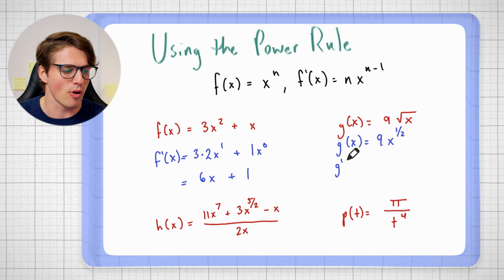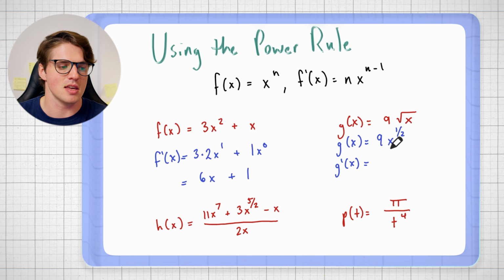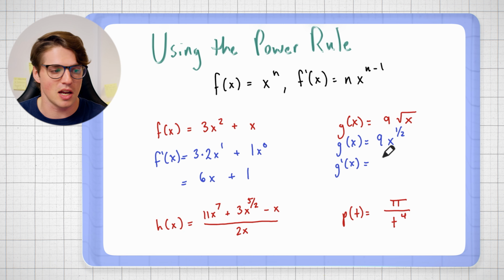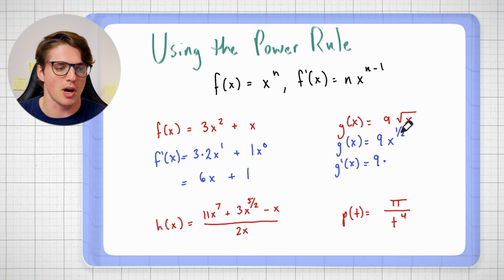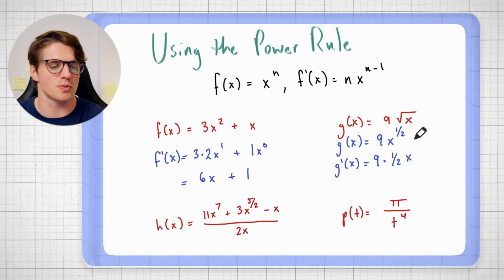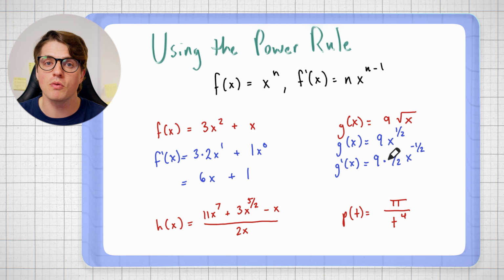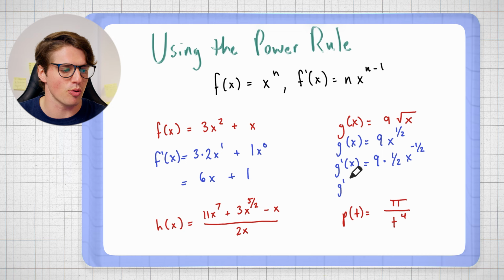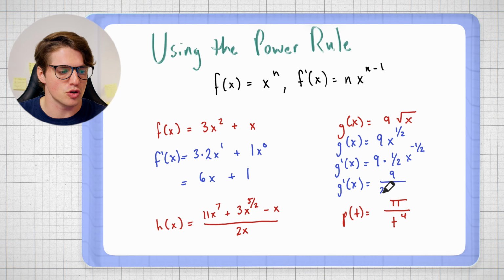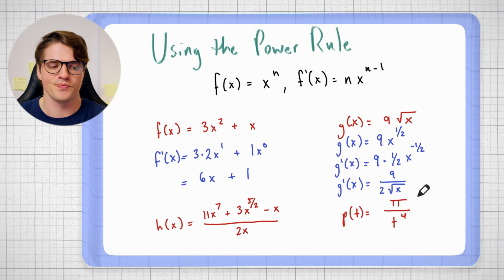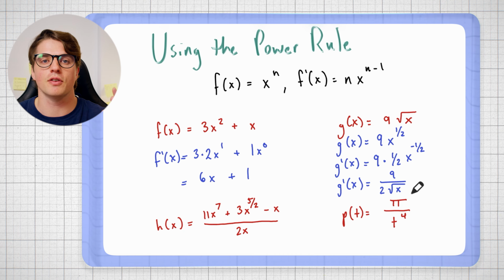So g prime of x is going to be, remember, leave the 9 alone, multiply by the power 1/2 times x to the 1/2 minus 1, which is negative 1/2. And we can rewrite this as g prime of x equals 9 over 2 root x. x to the negative 1/2 is 1 over root x.